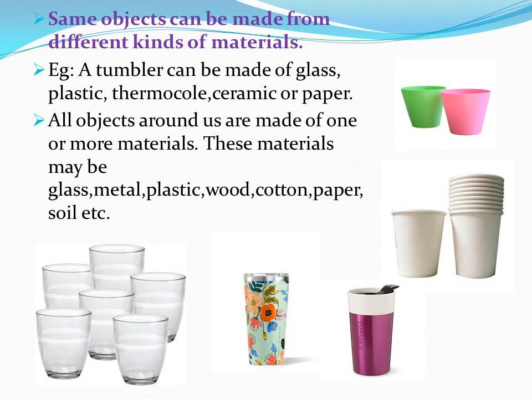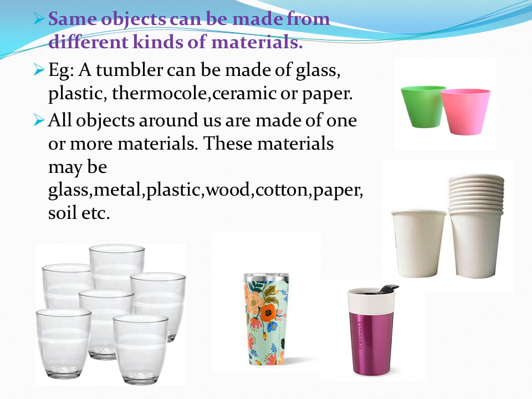Our next topic, same objects can be made from different kinds of materials. For example, one tumbler can be made of glass, plastic, thermocol, ceramic or paper. The diagram is given there. The object is the same, but we can use different types of material for making them.